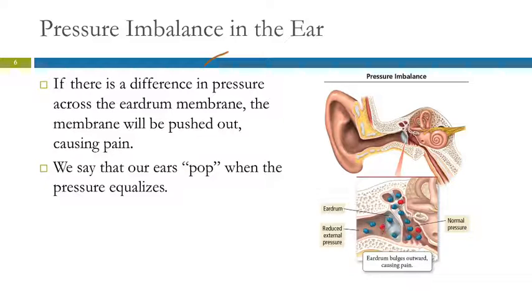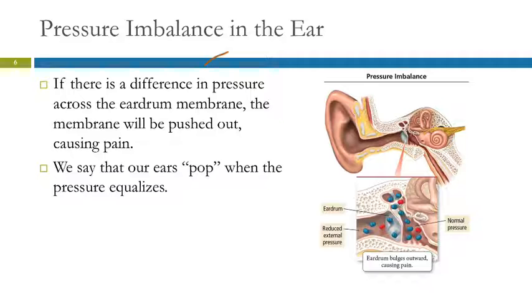And so that causes your eardrum to bulge outward, and that can be uncomfortable. If you have an ear infection, that can be excruciating. So it causes a bulge outward. So if the pressure difference gets large enough, then your eustachian tube will open a little bit and let that extra air out. And we experience that as a popping sensation.